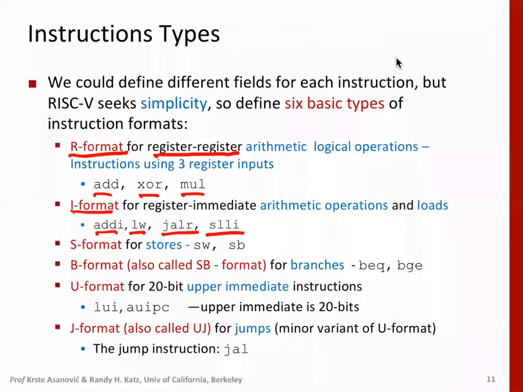Then we have the S format, which is store, which is SW and SB. Note that it does not have LW, because the positions of registers are different in the two. In one of the two we are using RD, and in the other one we are not using RD.